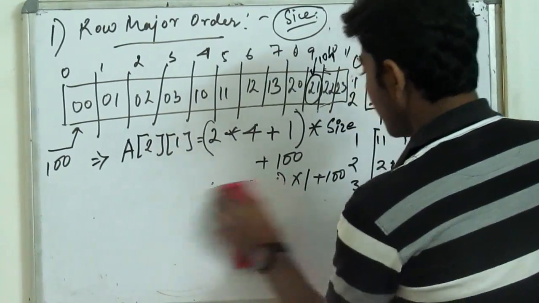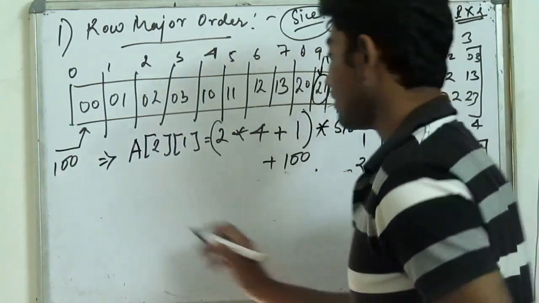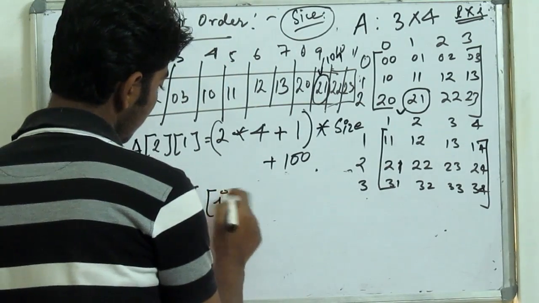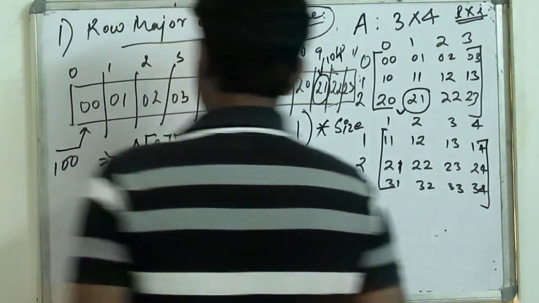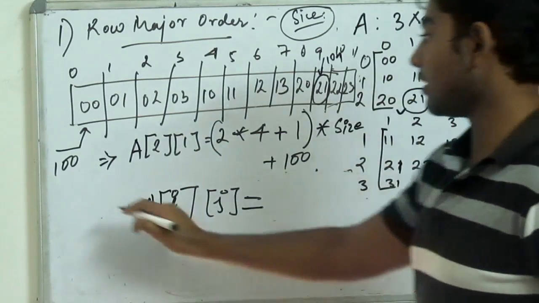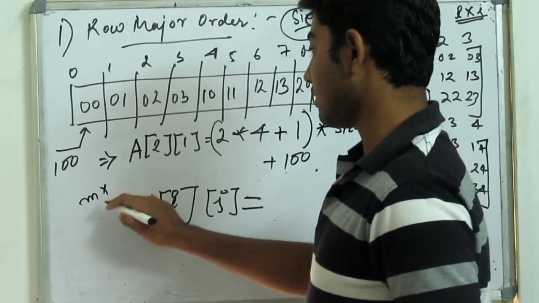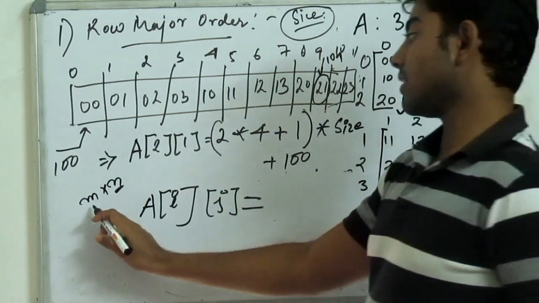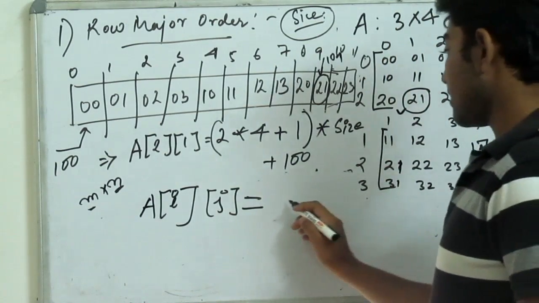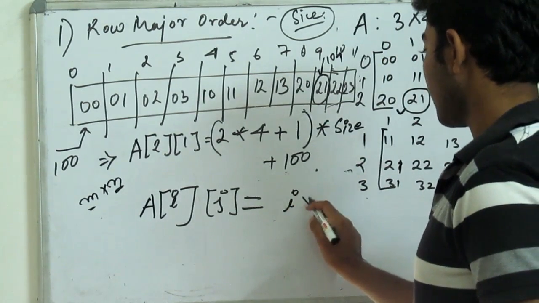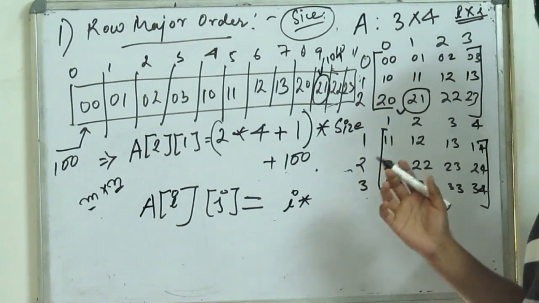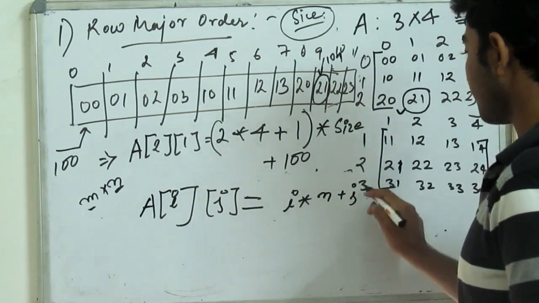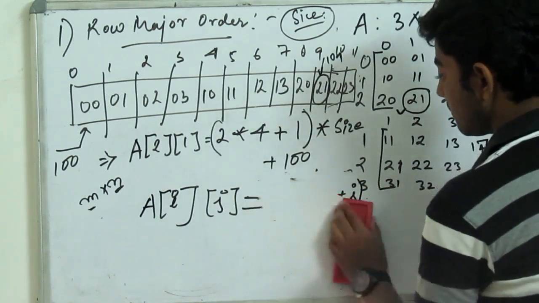Let me write the formula. So here we are deriving the formula. Suppose I am having A[i][j]. Suppose I am having m cross n elements, where n is the number of elements present in the column and m is the number of elements present in the row. So we can easily generalize it as, if i cross j is the dimension of the matrix, then we can write it as i into n plus j.